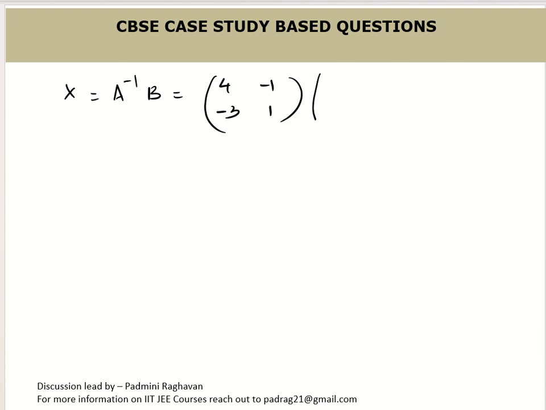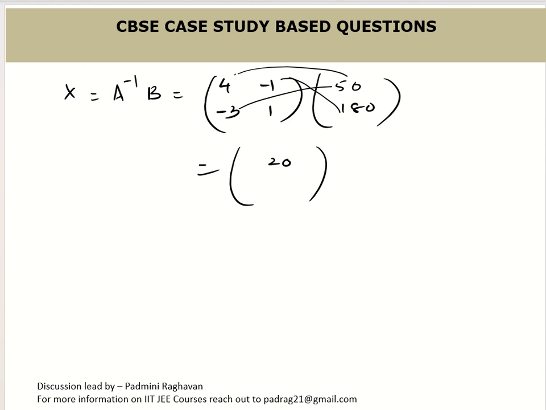You know how to multiply the matrices. So this is going to be 200 minus 180, which is 20, and minus 150 plus 180, which is 30. This is [x; y]. So that gives me x is equal to 20, y is equal to 30.